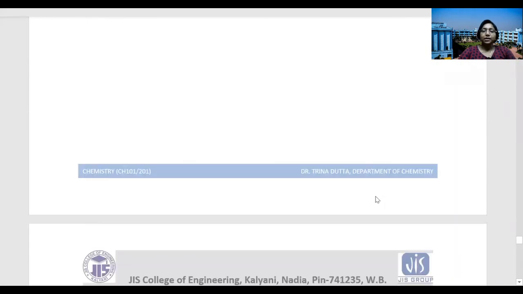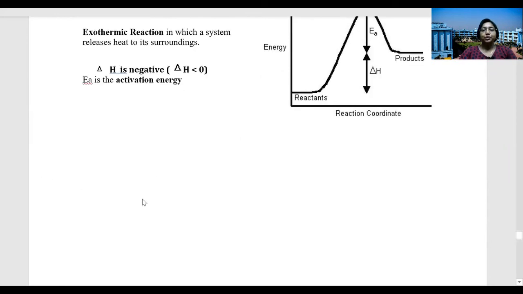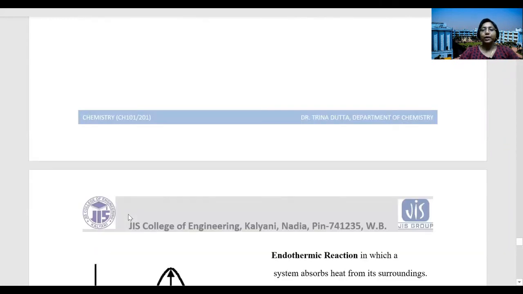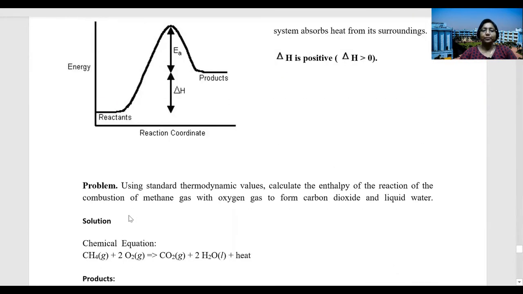Okay, it is given that if del H is less than 0, that is the exothermic reaction. Okay, clear? So it will be the exothermic reaction as the product energy level is less than the energy level of the reactant. So it will release the heat energy. It will liberate the heat energy.